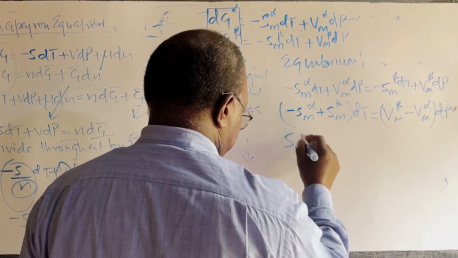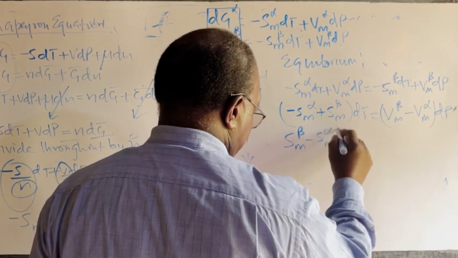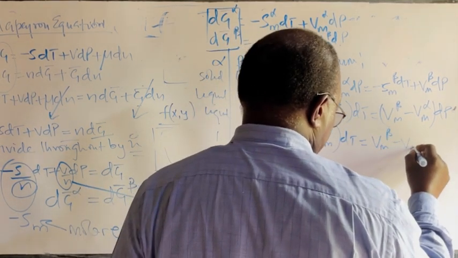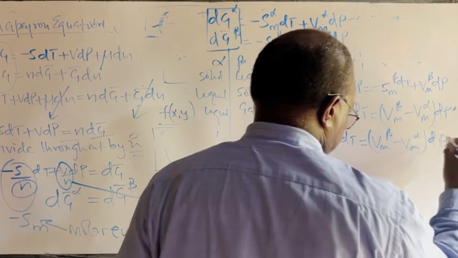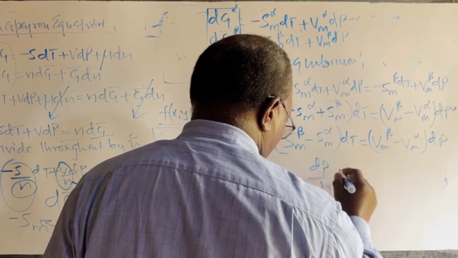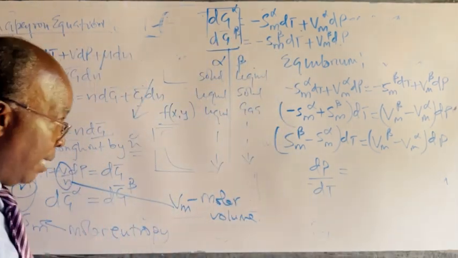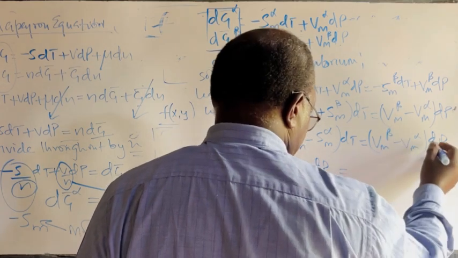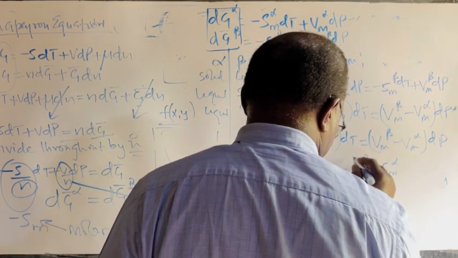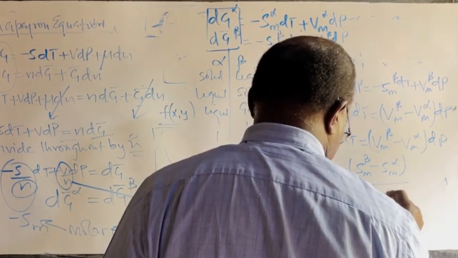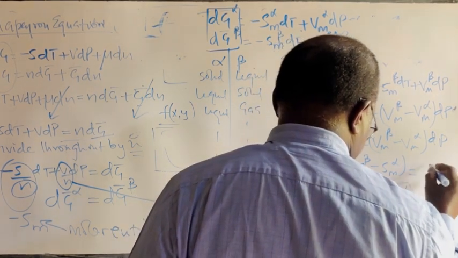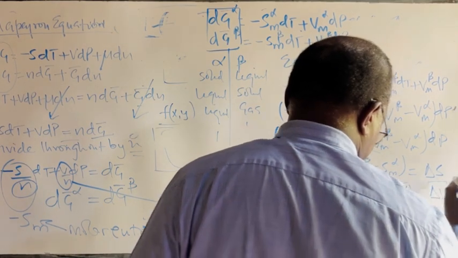So I just have Sm beta minus Sm alpha dT equals Vm beta minus Vm alpha dP. So dP over dT, which is the slope of the phase diagram, is given by Sm beta minus Sm alpha divided by Vm beta minus Vm alpha, which is basically purely delta S over delta V.